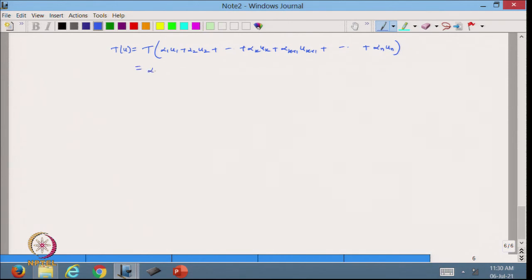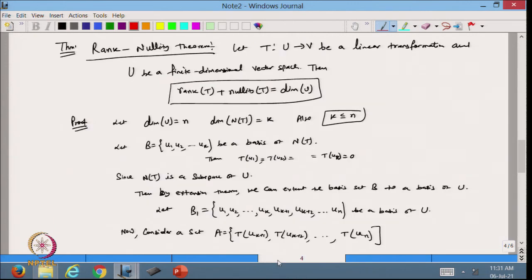This can be written as alpha_1 T(u_1) plus alpha_2 T(u_2) up to alpha_k T(u_k) plus alpha_{k+1} T(u_{k+1}) up to alpha_n T(u_n). Now you see that the first k terms are equal to 0, because u_1 up to u_k are the basis of the null space of T, so their image will be 0.